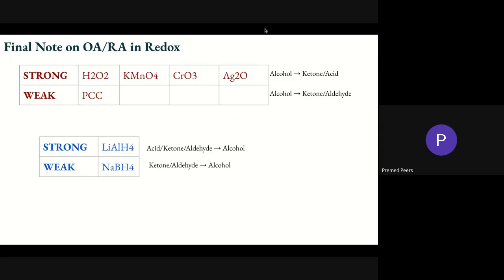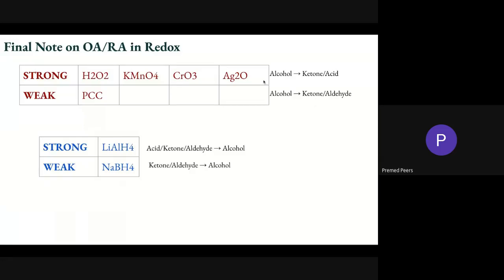Remember that in OChem, when we talk about oxidation, it usually refers to gaining of oxygen or losing hydrogen. So that's two things: gaining oxygen or losing hydrogen. And reduction goes the other way around. Reduction means gaining of hydrogen, losing oxygen. So that is very important.